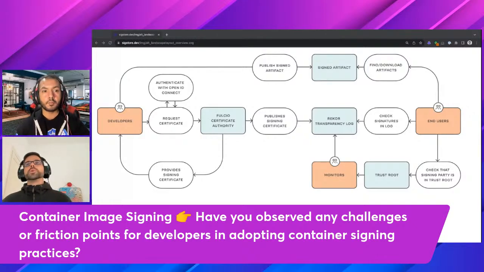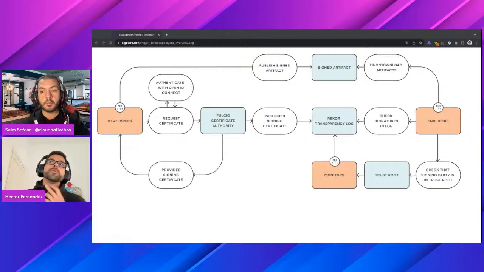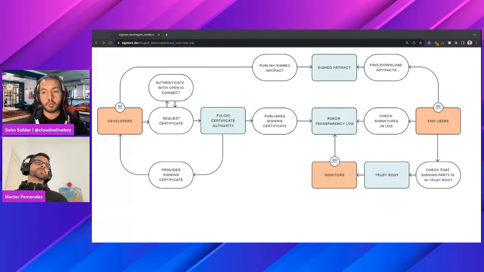Also, tooling is evolving in a way to simplify things. So now we have GitHub Actions, which is removing some of the complexity. Regarding education in terms of security and supply chains, with examples like Log4j or SolarWinds, many developers understood the implications of signing the software.